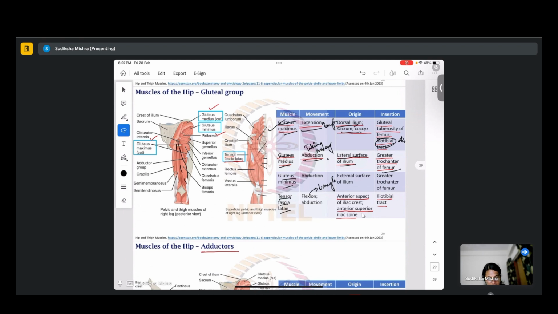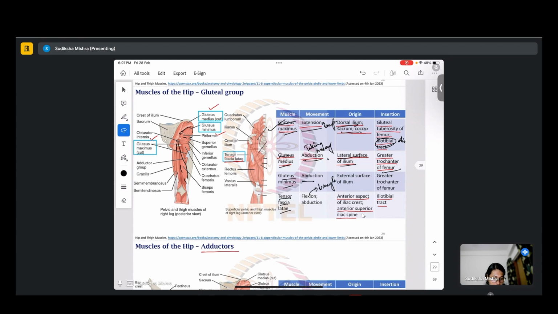Next is the gluteus minimus, which you can see is here. It's not a very superficial muscle, it's a slightly deep muscle, and it is responsible for abduction again.